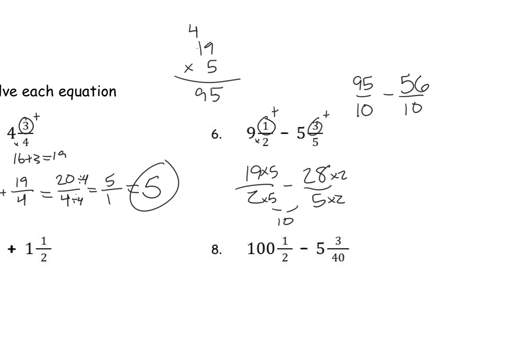We can then do our subtraction. My denominator stays as a 10. 95 minus 56 looks like this. Okay, 8 and 15, that'd be 9 and 3. So I get 39 tenths or 3 and 9 tenths.